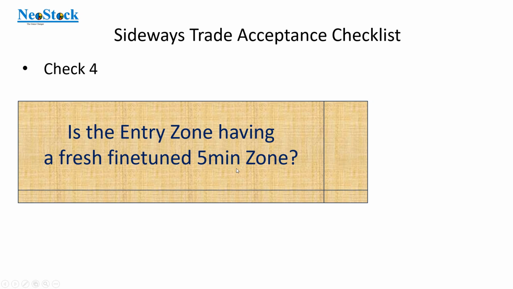When we don't go up to the fine-tuned 5-minute zone, why are you verifying whether the zone has a fresh fine-tuned 5-minute zone? What is the reason? The reasons I explained in the lesson 16.2 video. In lesson 16.2, I explained a concept called when a zone can be violated.